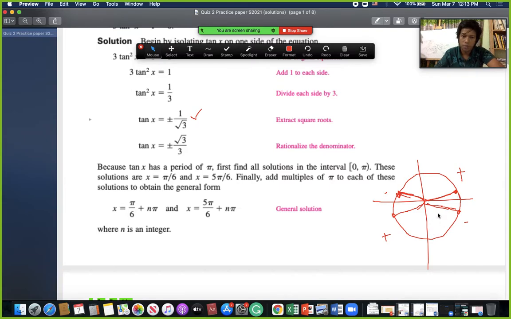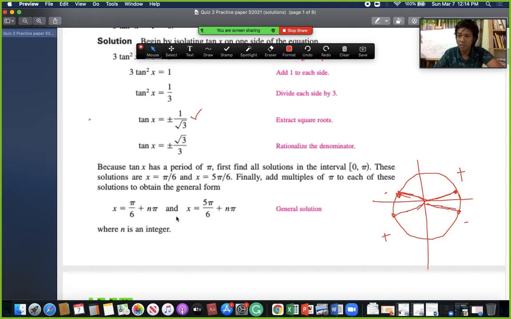This is one way to do this math, or you can do it using the formula. 30 degrees means pi by 6, and because the period of tan is pi, we can write n pi, and we can put the value of n.